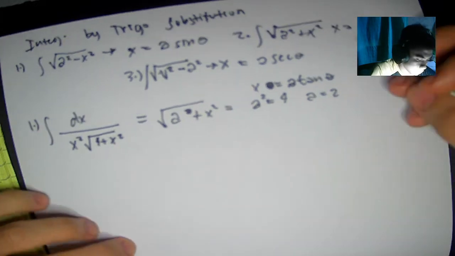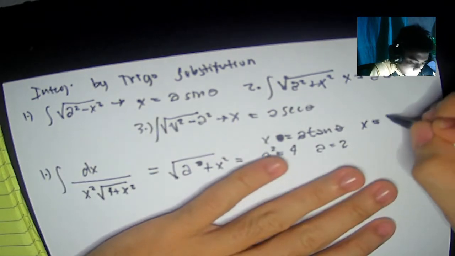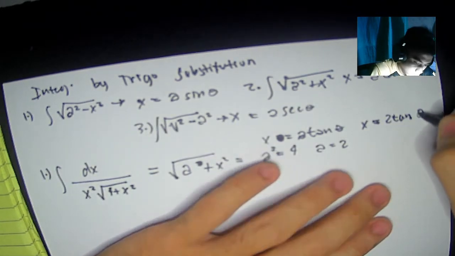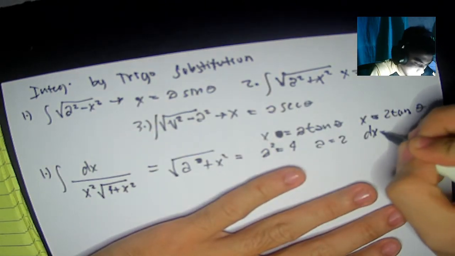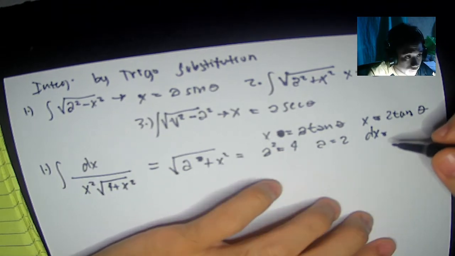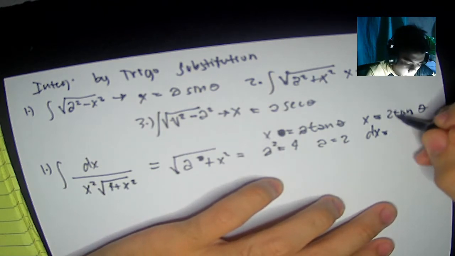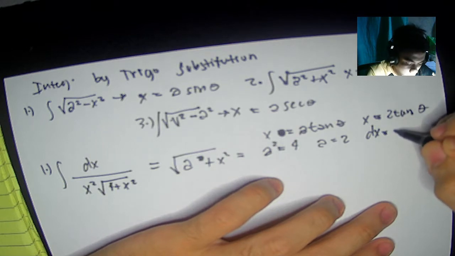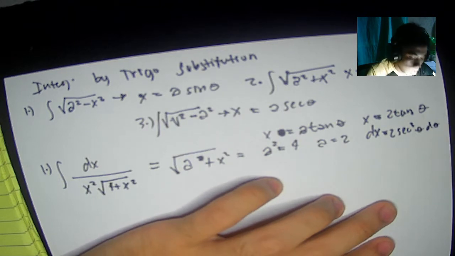Let's see here, our x is equal to 2 tangent theta, and our dx is equals to the derivative of 2 tangent, which is 2 secant squared theta d theta.